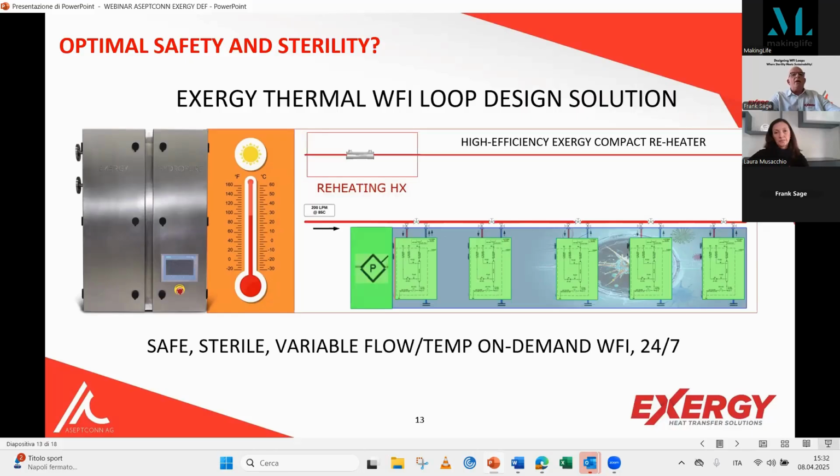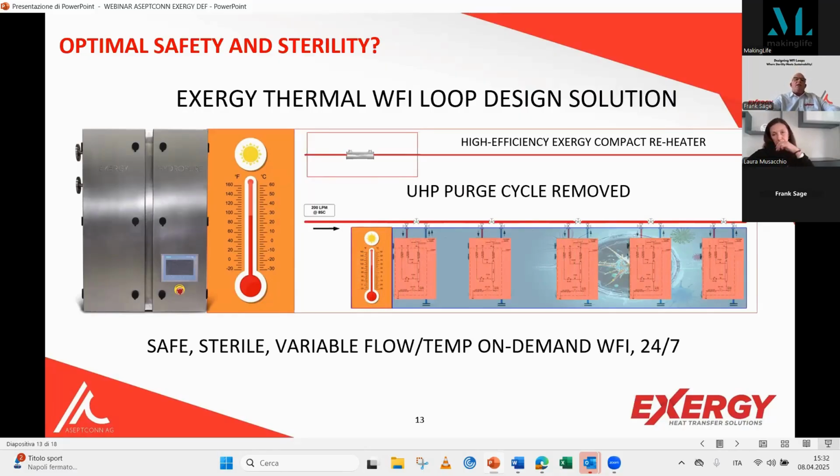So we look now at a typical Exergy solution. The first thing that we can achieve with our systems is there's no need to have any UHP purge cycle post-sterilization, because there is no sterilization needed.